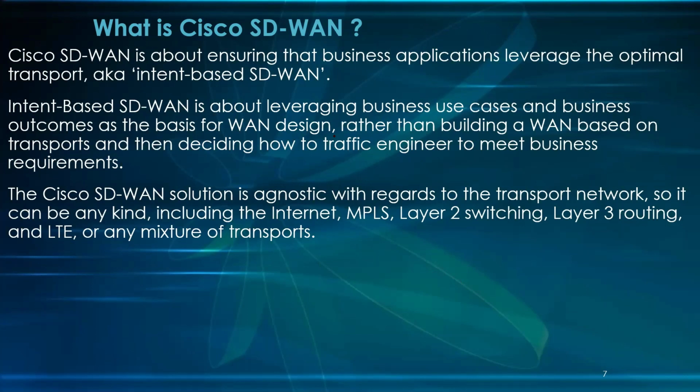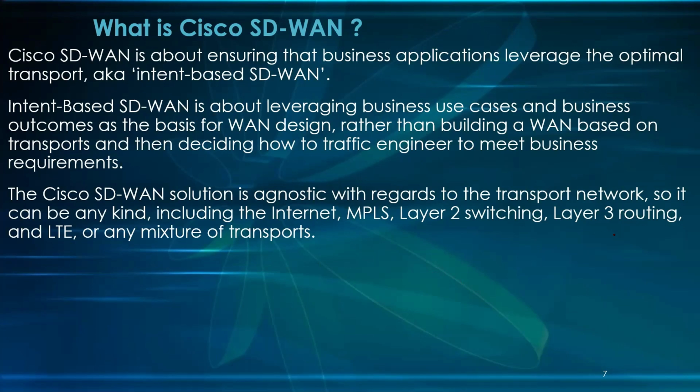So the Cisco SD-WAN solution is agnostic with regard to the transport network. It can be any kind of transport, including internet, MPLS, LTE, layer 2 switching, layer 3 routing, or any mixture of transports. It doesn't matter what transport you have in the underlay: internet, MPLS, Vodafone, Tata, whatever type of link, it doesn't matter for us.